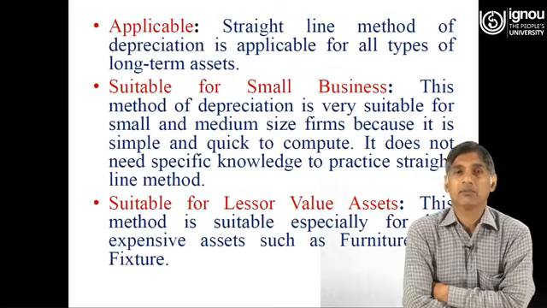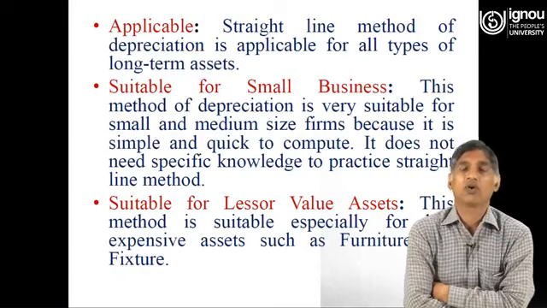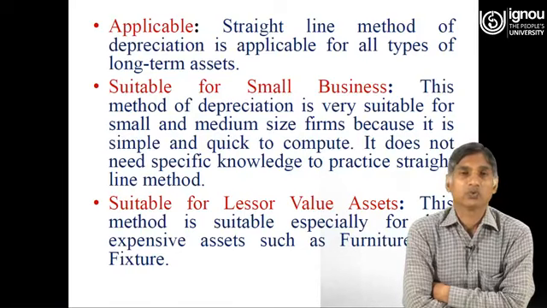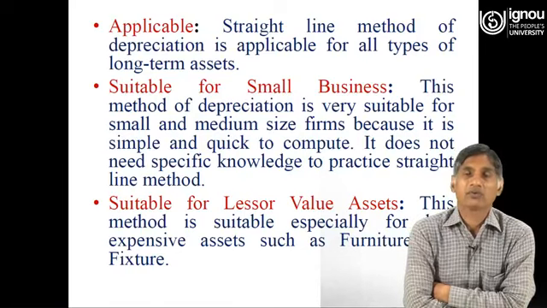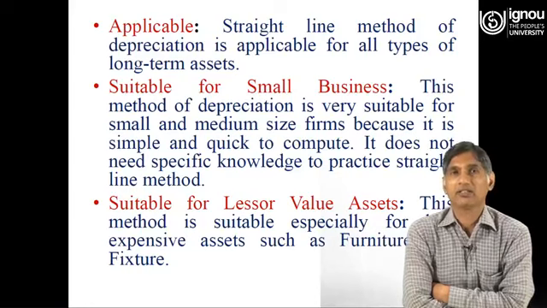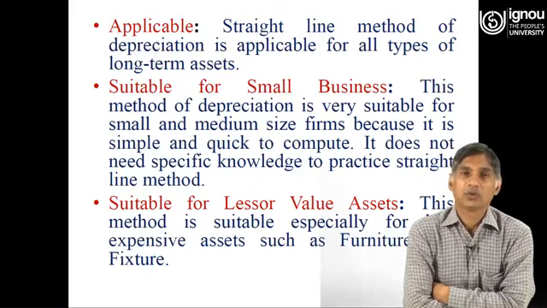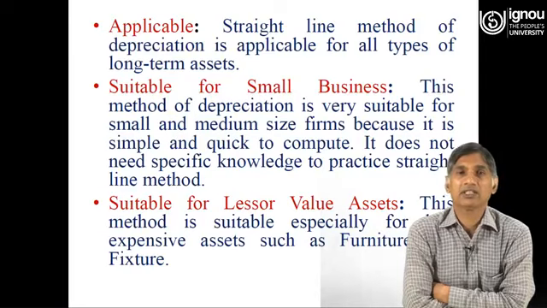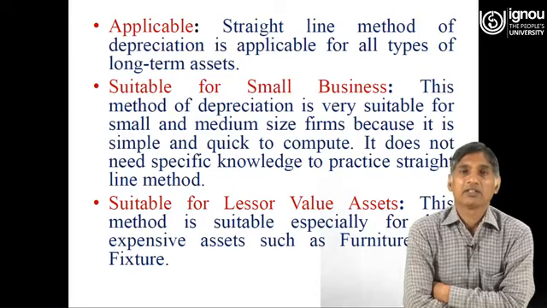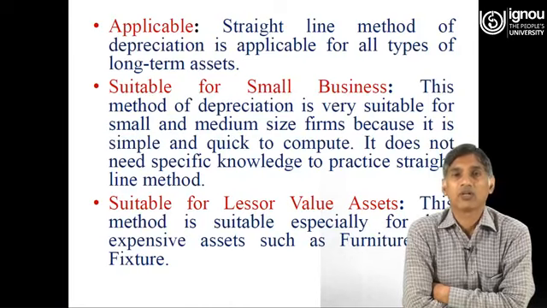Then applicable. The straight line method of depreciation is applicable for all types of long-term assets. So for all types of long-term assets, this method is most suitable. Suitable for small business. This method of depreciation is very suitable for small and medium sized firms because it is simple and quick to compute.